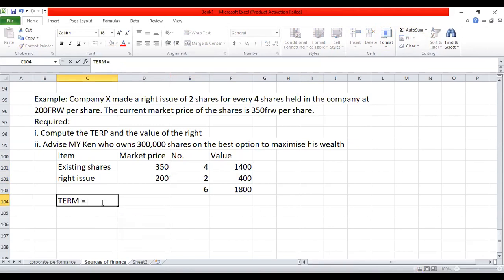The value of the shares in the issue here is 1,800 divided by the number of shares. So in this case, we are going to get this divided by this. So this is going to be the theoretical ex-right price. The value of the share divided by the number of shares in issue. Okay.